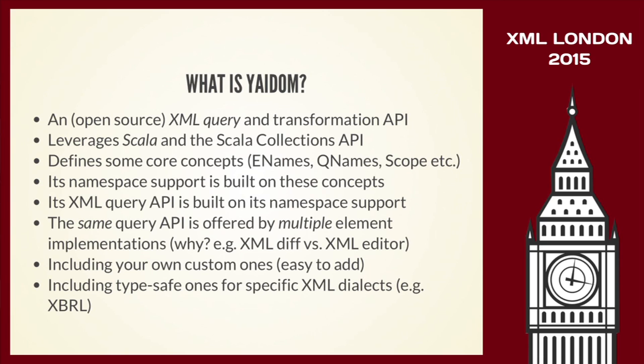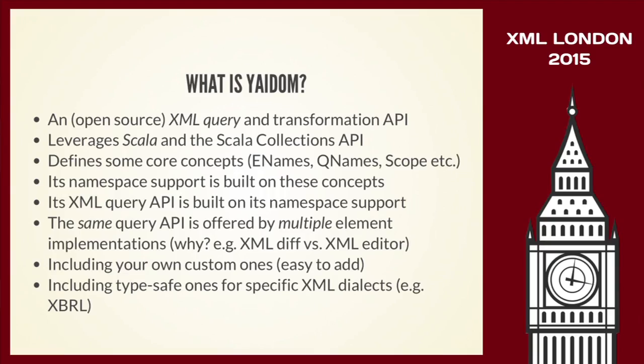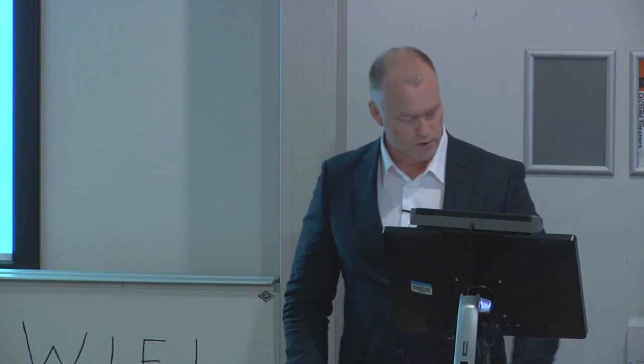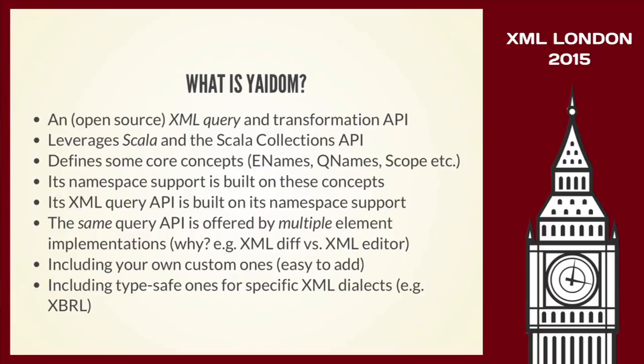The library first, at a low level, defines some core concepts for expanded names, qualified names, in-scope namespaces, etc. On top of that, it defines some namespace support independent of the actual element implementations. Then the query API of yaidom is built on top of its namespace support. And the same query API of yaidom is offered by multiple element implementations, and that is a difference with the standard Scala XML library.